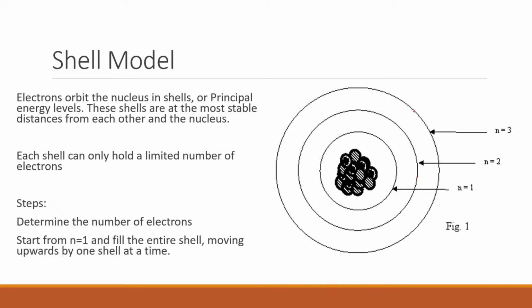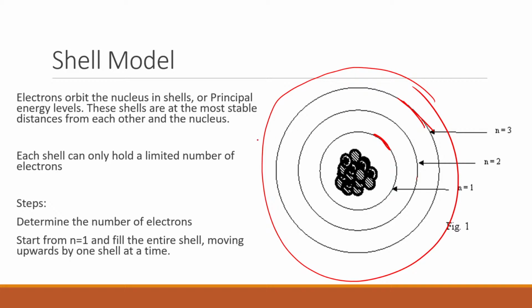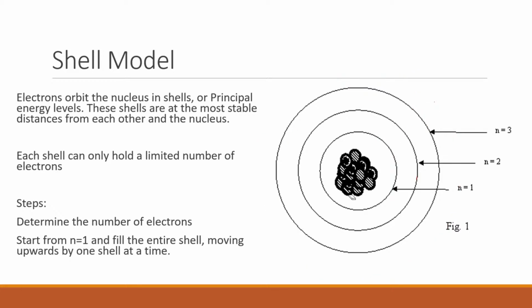Right, shell 3 is much bigger than shell 1. If I put shell 4 in here, shell 4 is much bigger than shell 3. Each one gets bigger than the one before it. And so, when we think about this, each shell should be able to hold more than the one that came before it.